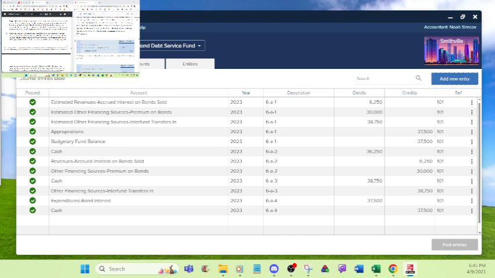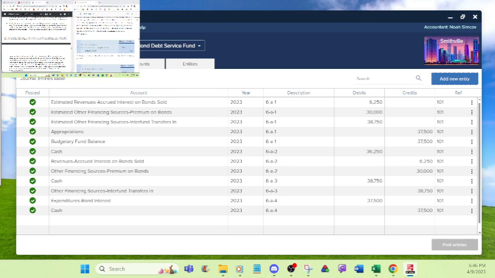Make the entries needed to close the budgetary and operating statement accounts. Are you going to do that in this one? Make this entry only in the street improvement.